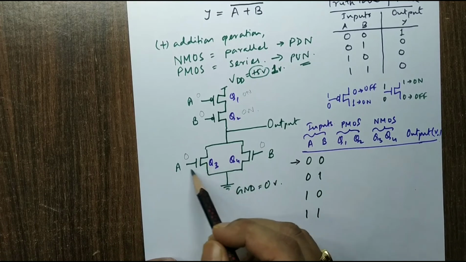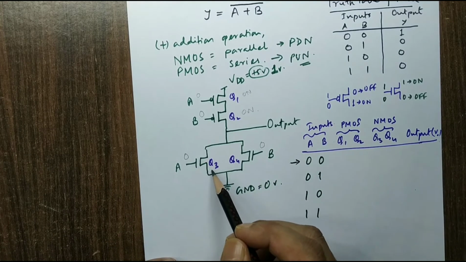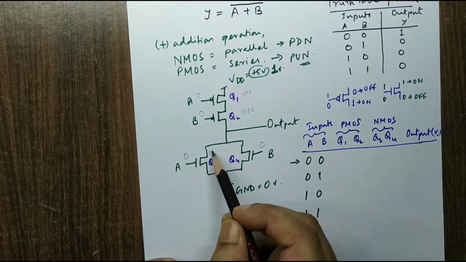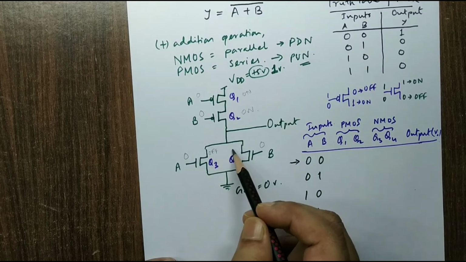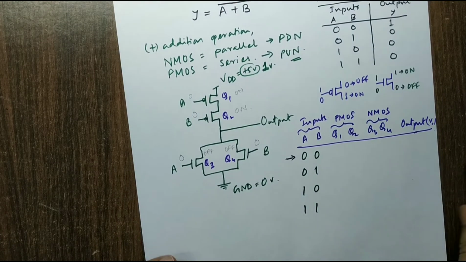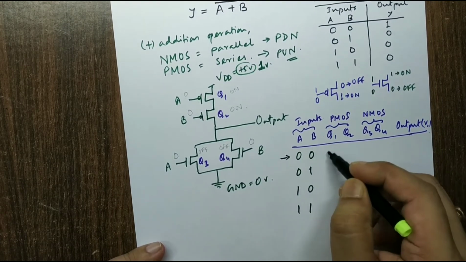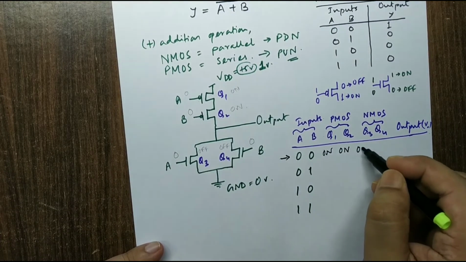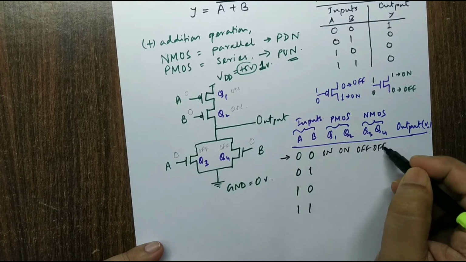Similarly, for this NMOS Q3, if I apply 0, it will give 0 only, so it is off. And Q4, same, it is off. So let me write down all combinations here. Q1 is on, Q2 is on, Q3 is off, and Q4 is off.